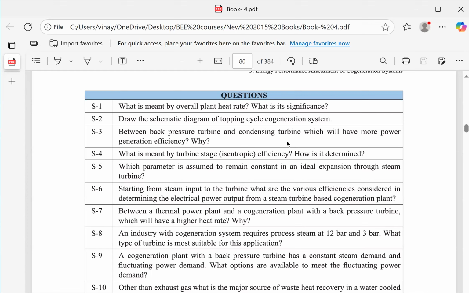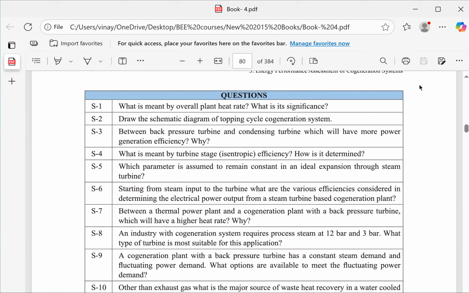Therefore, when you want to generate only electrical power, the condensing turbine will do more power generation because it is trying to extract the heat in steam by the lowest possible pressure drop.